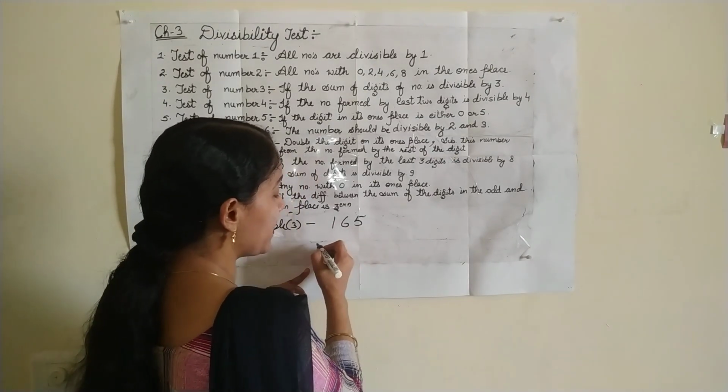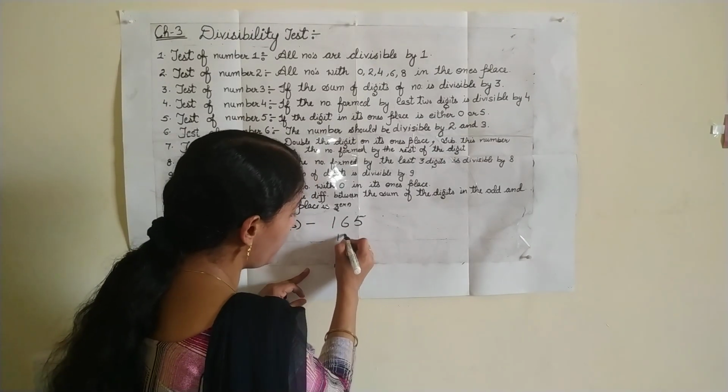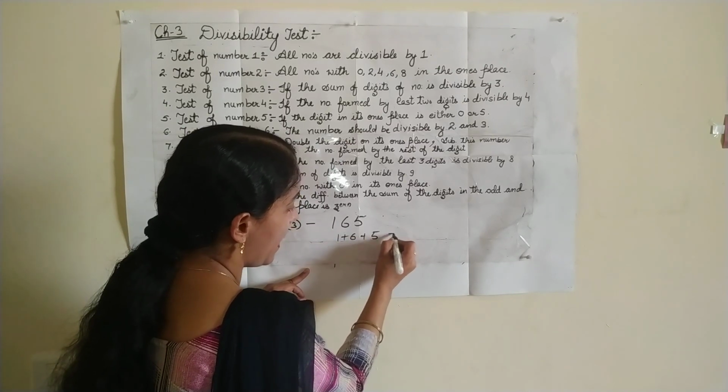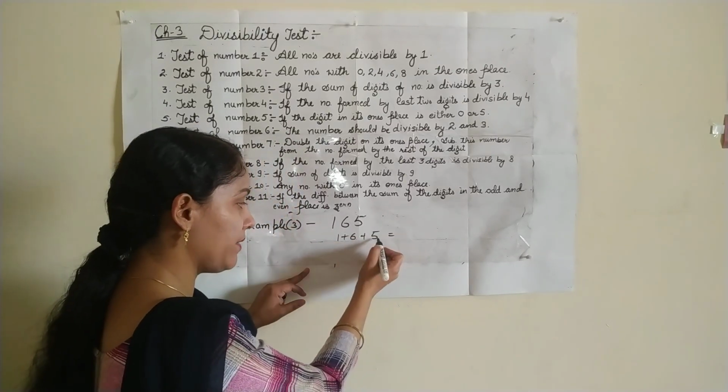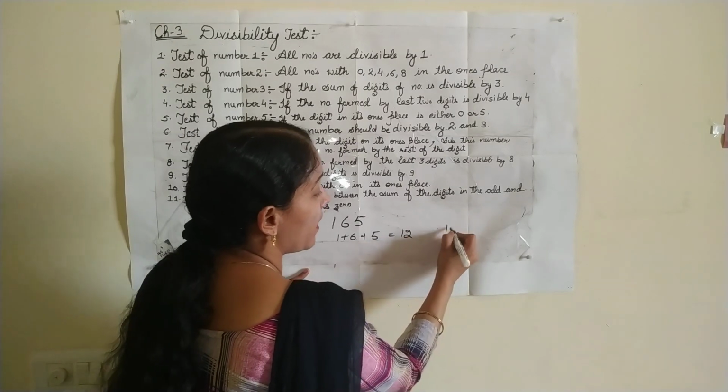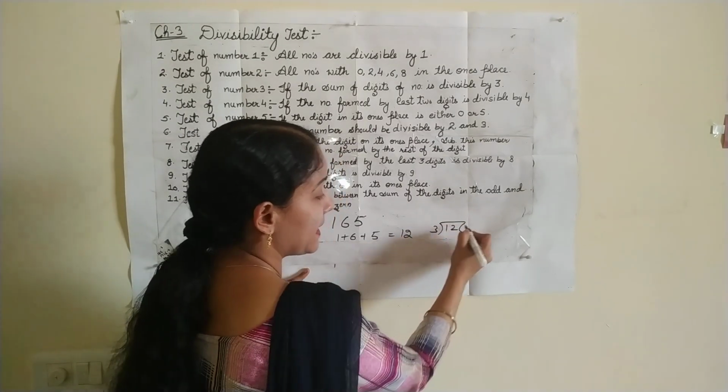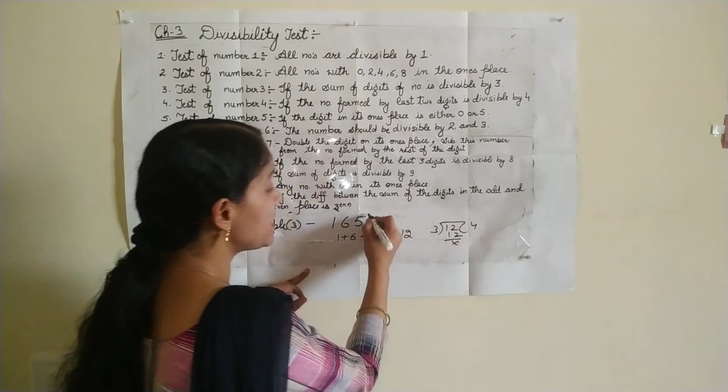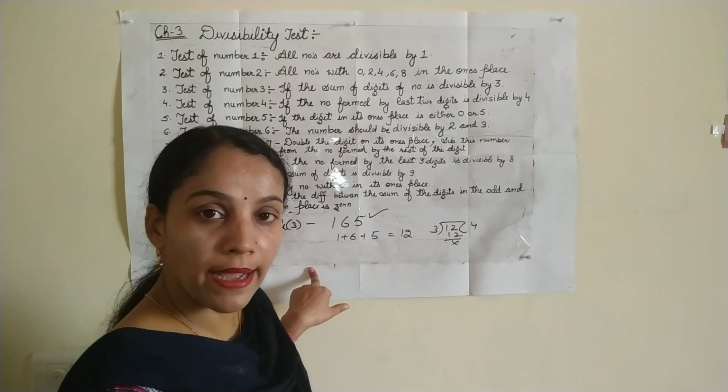Sum of all digits: 1 plus 6 plus 5. Adding these, 6 plus 5 is 11, and 11 plus 1 is 12. Divide this by 3. Exactly divided. That means 165 is divisible by 3.